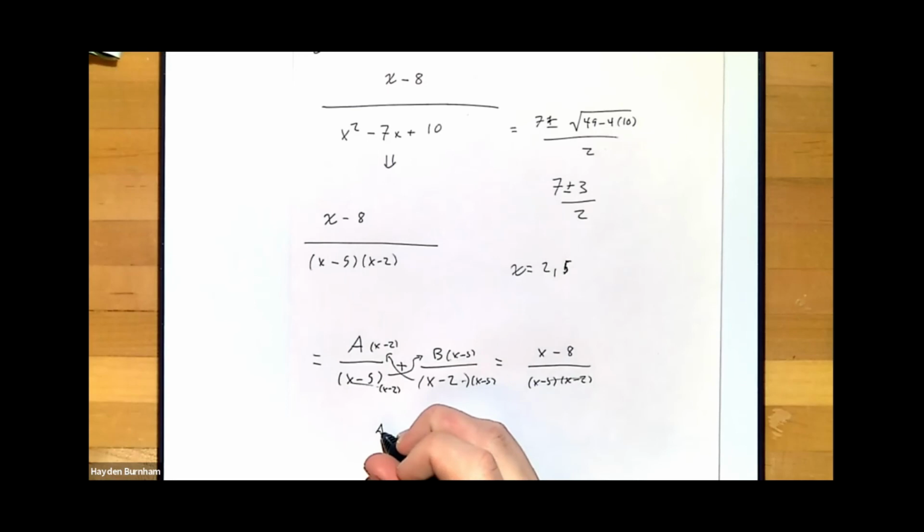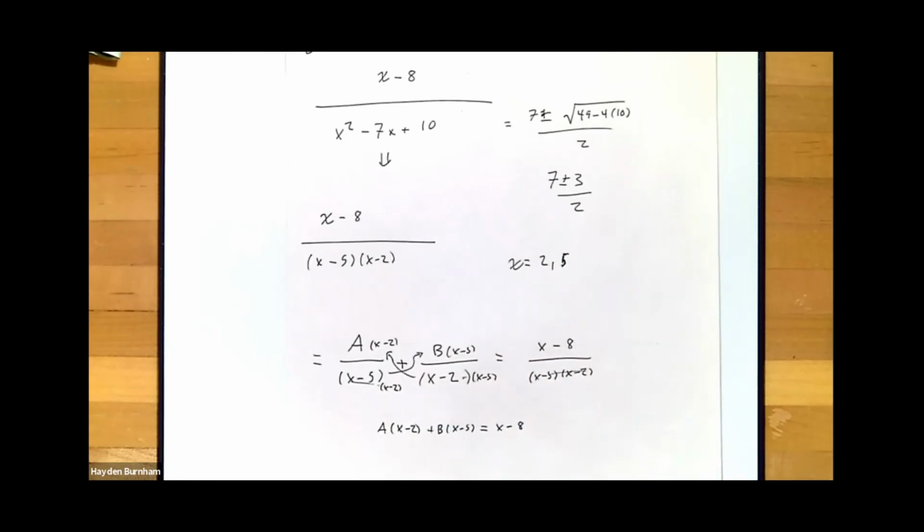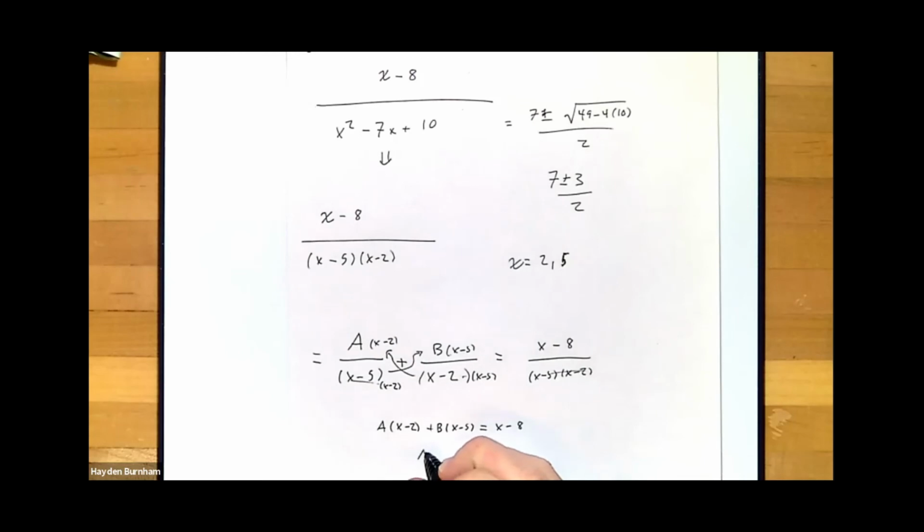And so we would get a times x minus 2 plus b times x minus 5 equals x minus 8, because since they all have the same denominator, I can just ignore the denominator now. That's going to leave us ax minus 2a plus bx minus 5b equals x minus 8.